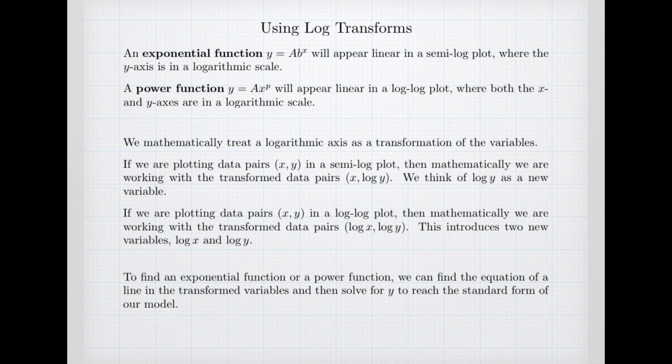If I'm doing a log-log plot, then that means both axes have been transformed, and so my transformed data, I've taken a logarithm of both the x and the y values. And so what we're going to do is find these transformed variables and then find the equation of a line. And when I find that line, I can then solve for my dependent variable and put it in a standard form. So the examples that we'll look at following this are going to illustrate that principle.